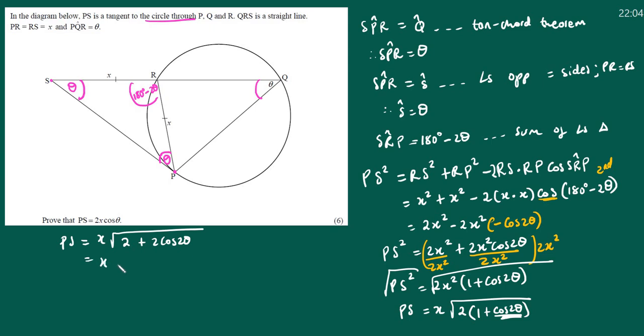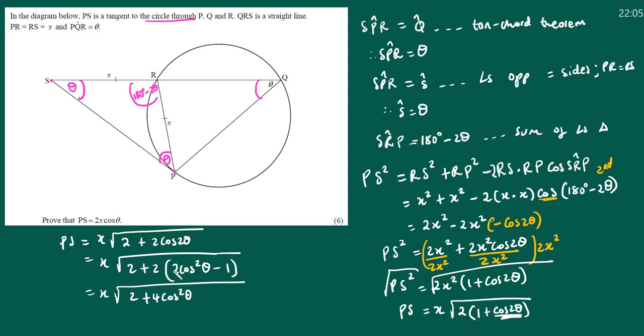So that will mean that you have x root of 2 plus 2 into 2 cos squared theta minus 1, isn't it? And then you can substitute. This is going to be 4 cos squared theta, and then what? Minus 2, which will be x into root of 2 minus 2 is 0, right?